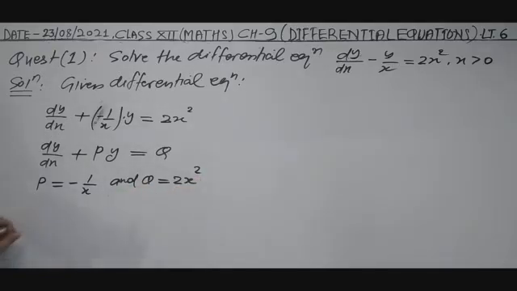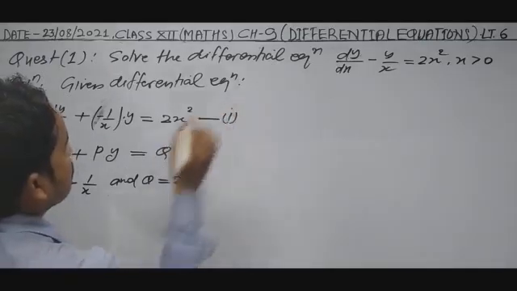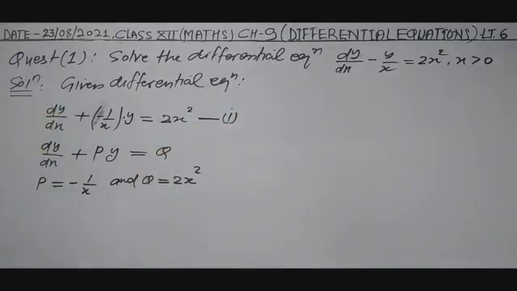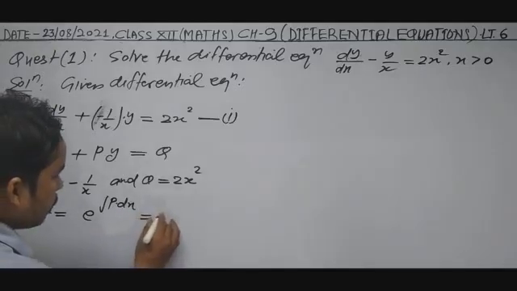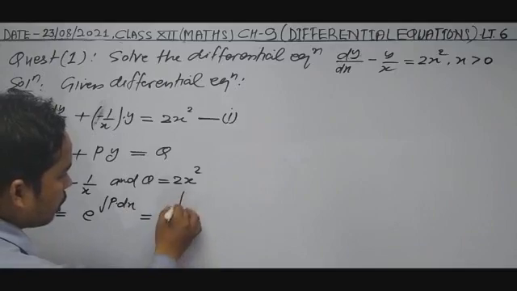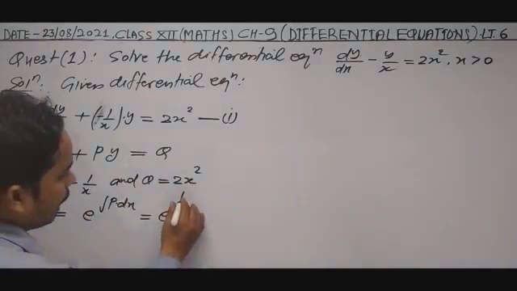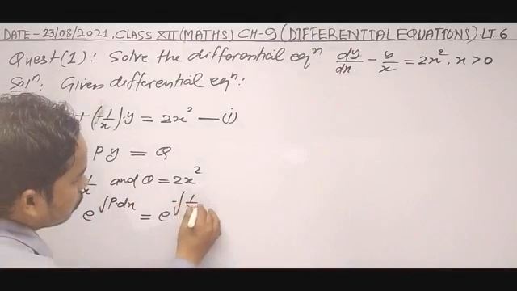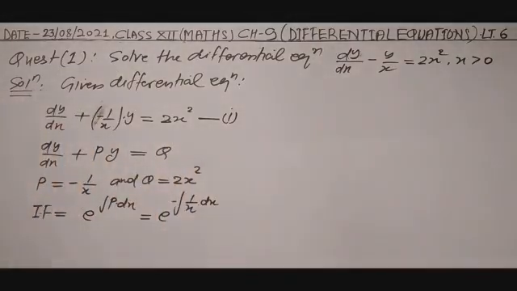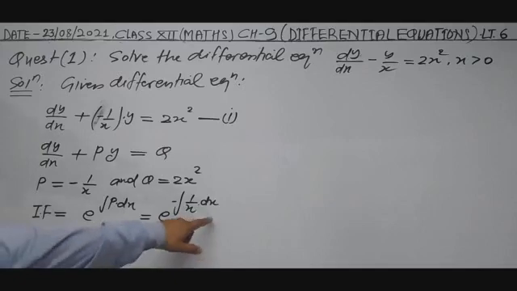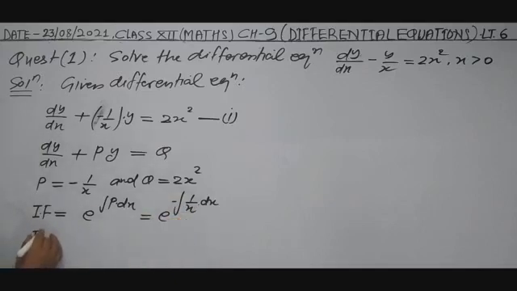Now in the second step, suppose this is equation 1. In the second step, first of all we have to find the integrating factor. Integrating factor is e to the power integration over p dx for this differential equation. So the result will be e to the power integration of minus 1 by x dx, and you know the integration of 1 by x dx is log of x.